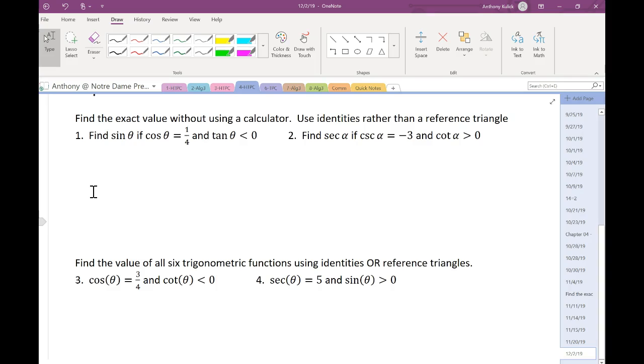Which one? Whatever you want. 2? All right. Here's what I'm even going to do. On number 2, instead of just finding secant, I'm going to just find all 6 of them. Okay? Just for some bonus learning.